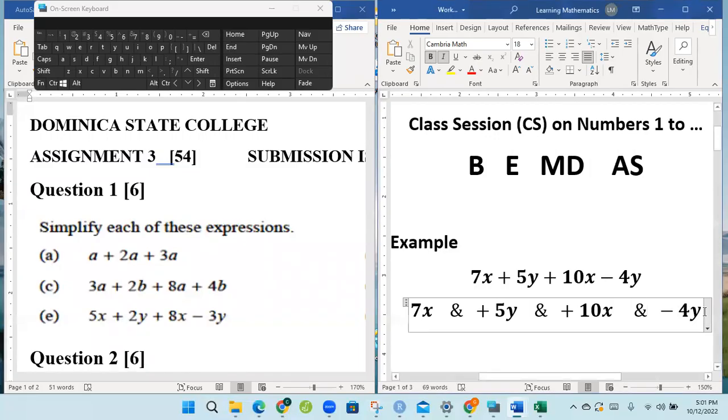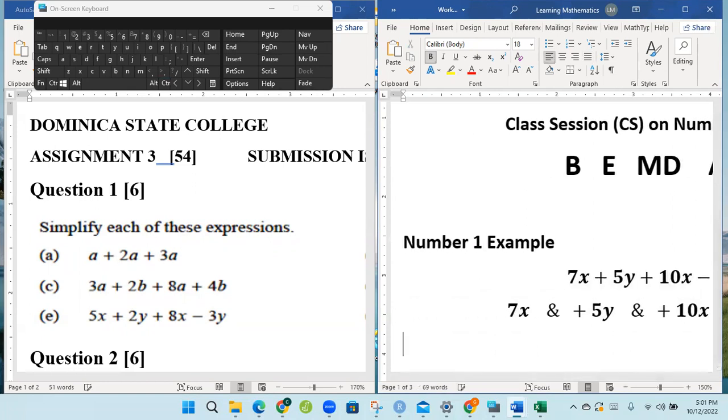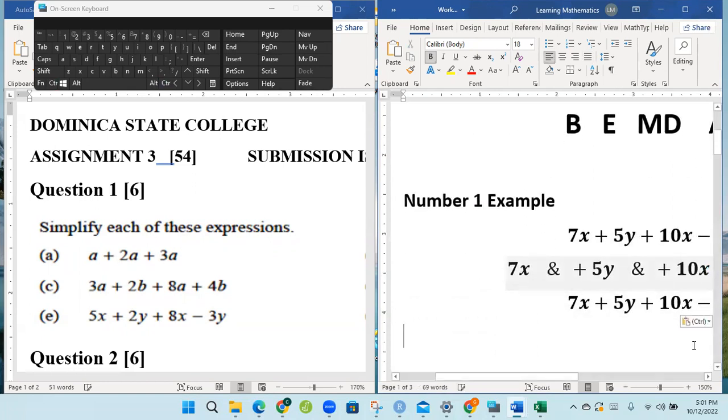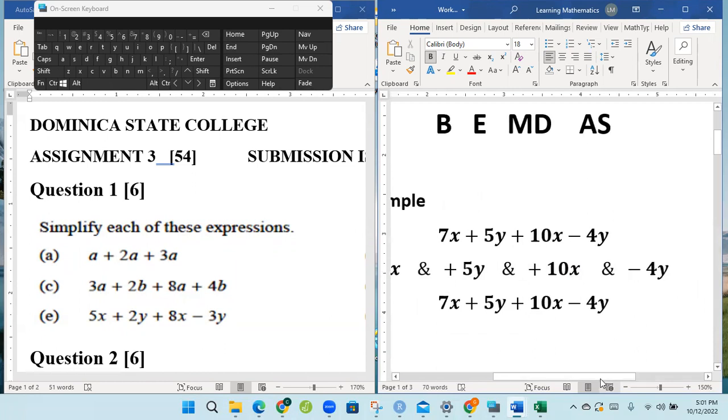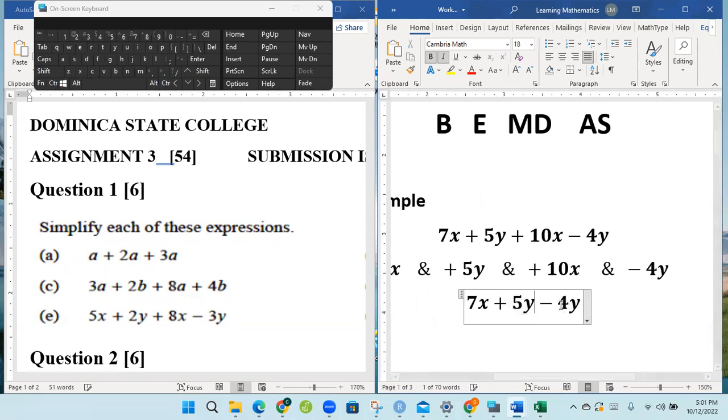Now we're going to bring like terms together. 7x is like 10x. +7x is like a +10x. So that positive sign, that plus sign that is in front of the 10, we have to take it also and bring it by the 7, +7.